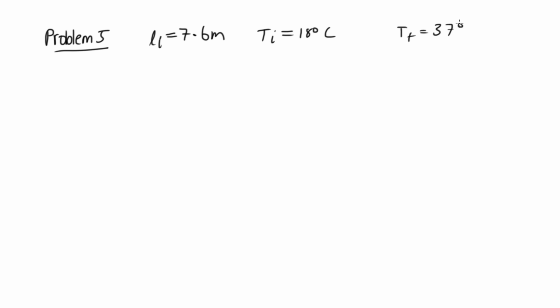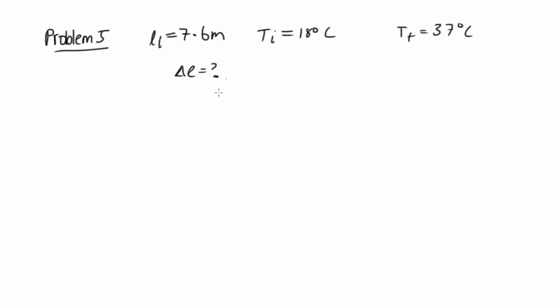So this is problem 5, which is relatively straightforward. We're told that the initial height of a streetlight is equal to 7.6 meters, and that is measured at 18 degrees C. And then the temperature rises to 37 degrees C, and we're asked, what is the change in length of the streetlight?